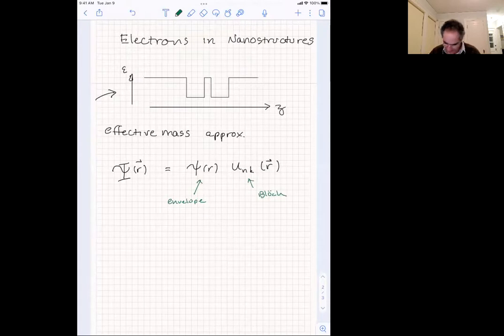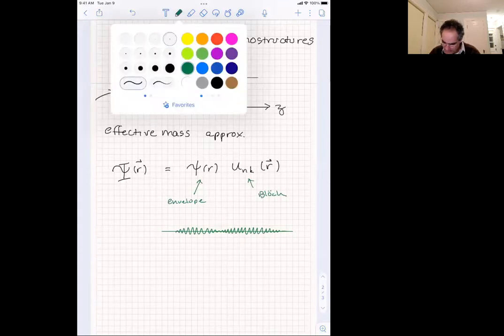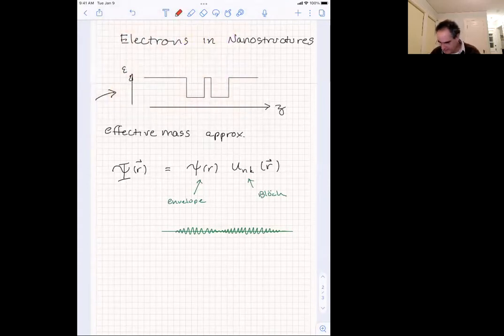Okay? And the idea then is that our wave function really looks something like this. So it has these two parts.